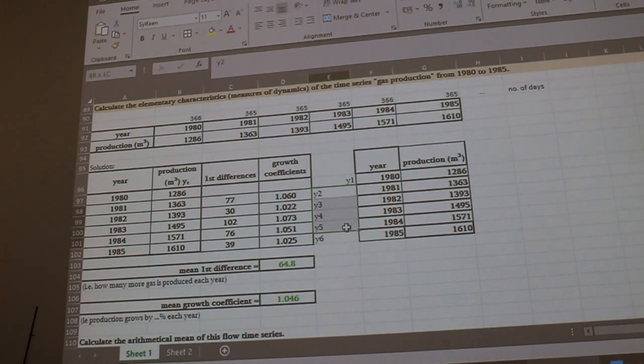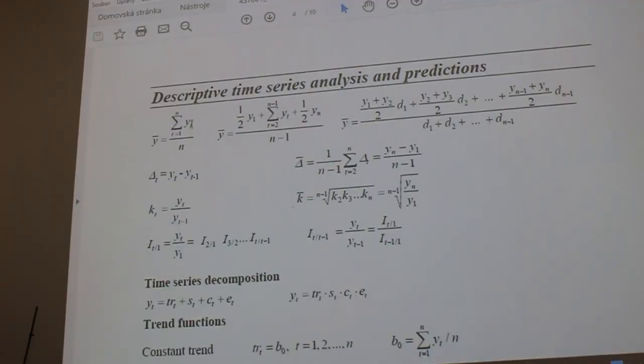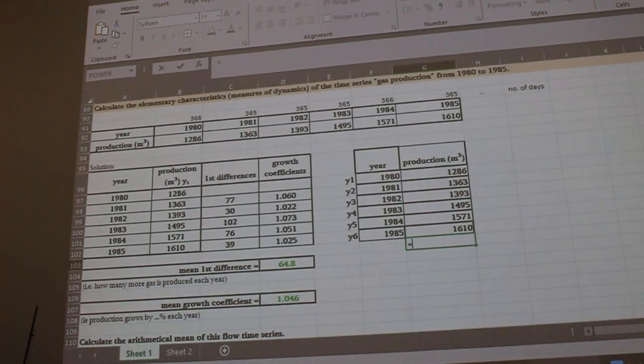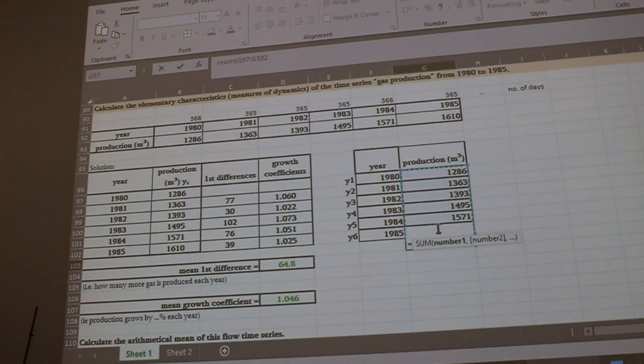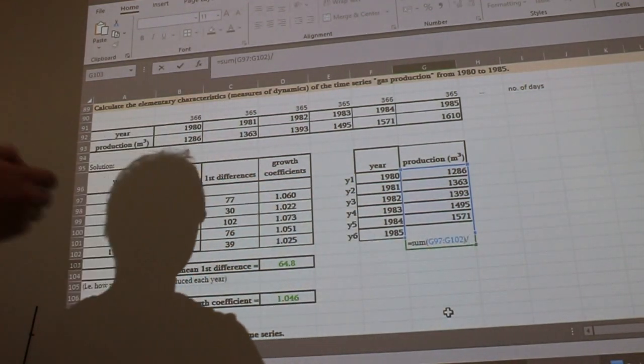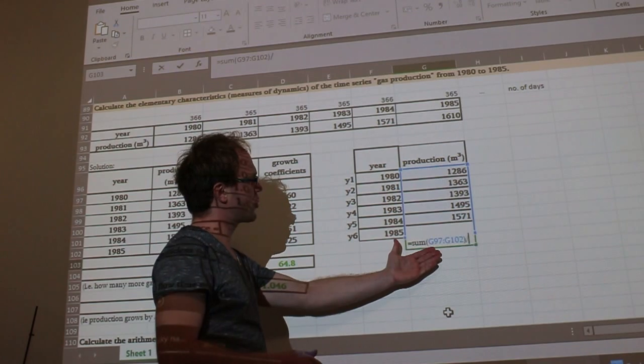So now I will use this table on the right side, observation in year 1980 to 1985, and there is my production of gas. This average is very simple because it's classical arithmetical mean, summation of 6 values divided by number 6. So there will be equal sign sum of all these values, close the parenthesis, divided by, and we can use function count.